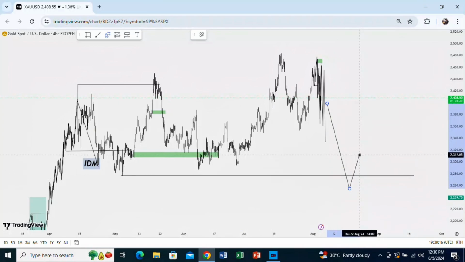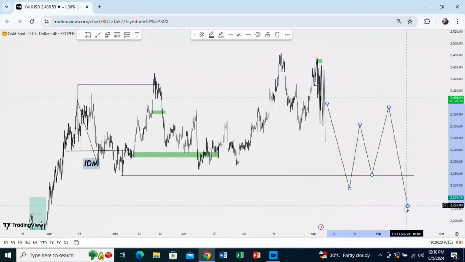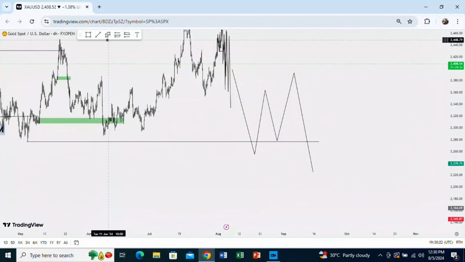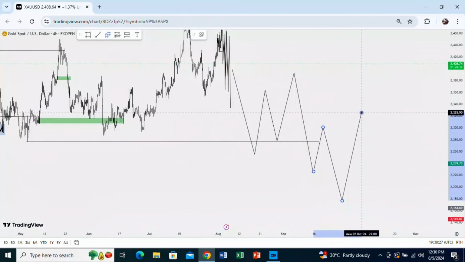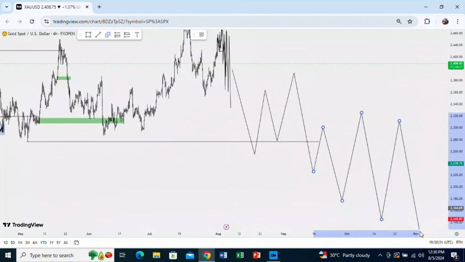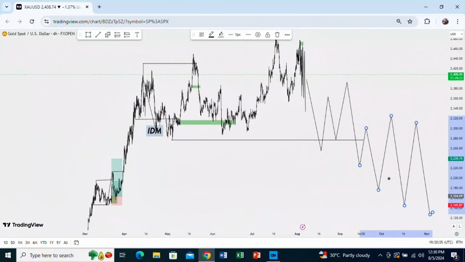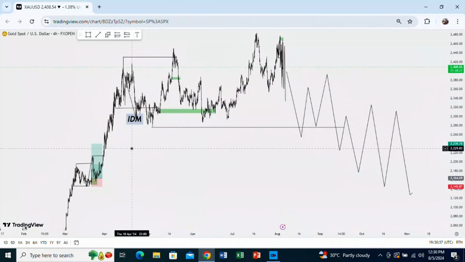This will be a change of character on the 4-hour, and then gold will go down for weeks or for months, okay. And then we will look for IDMs, the bearish IDMs and breakout structure, and then we will look for entries to the downside. The same story will then repeat towards the downside.